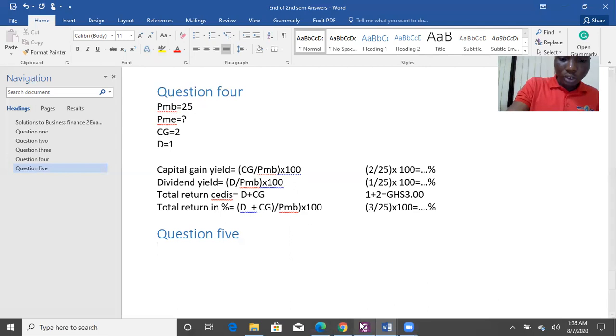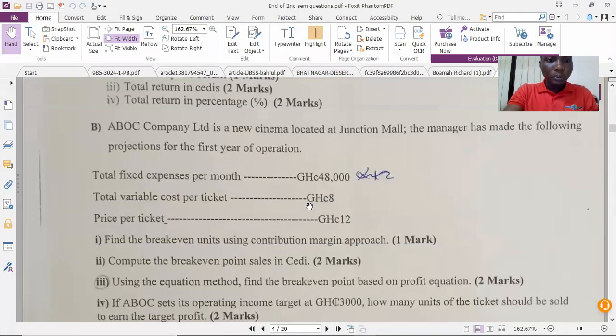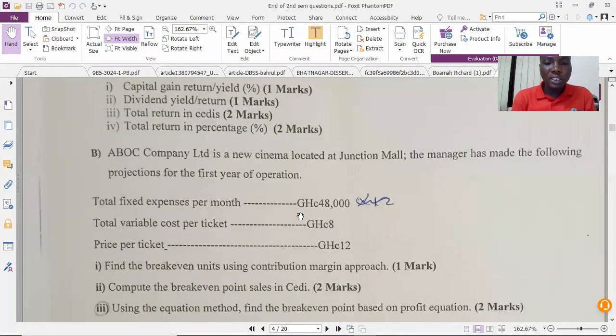let's go to the question. Abo Company Limited is a new cinema located in Junction Mall. The manager has made the following projections for the first year. Total fixed cost expense is 48,000. Variable cost is 8 Ghana cedis, and cost per ticket is 12.